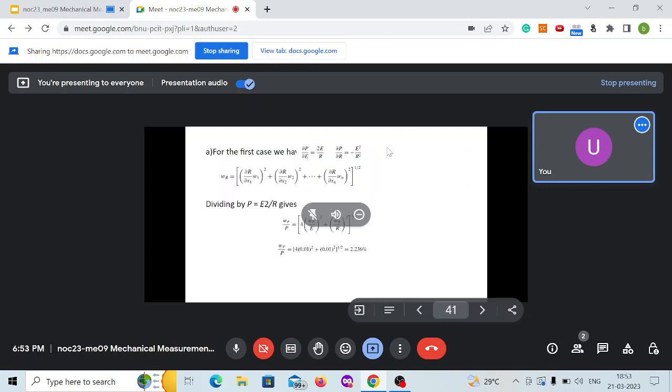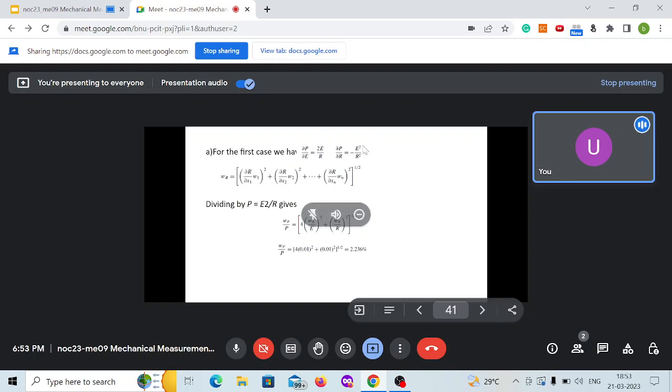So when we differentiate power with respect to voltage, we get 2E by R, and when we differentiate power with respect to resistance, we get minus E square by R square.